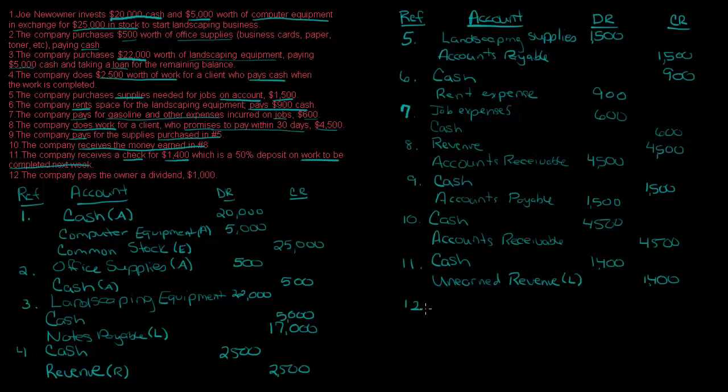All right, let's look at the last one, number 12. The company pays the owner a dividend of $1,000. What's a dividend? A dividend is a payment to my owners for investing in us. So if I paid cash and I had a dividend.